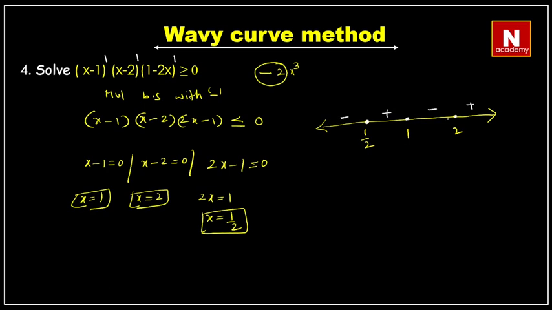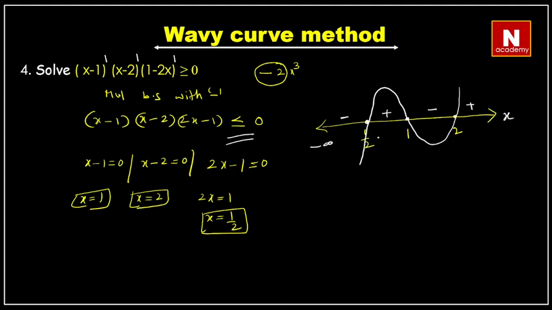Now we are going to draw the graph. The graph goes positive to negative, negative to positive again, and positive to negative. Now the question is less than or equal to, so this is the required region. Less than or equal to means negative sign. Where is the graph below the x-axis?